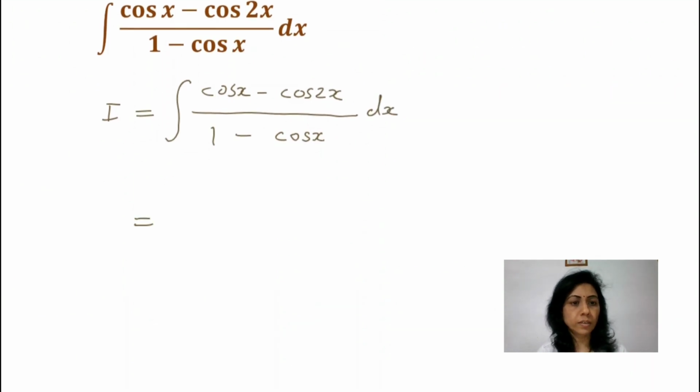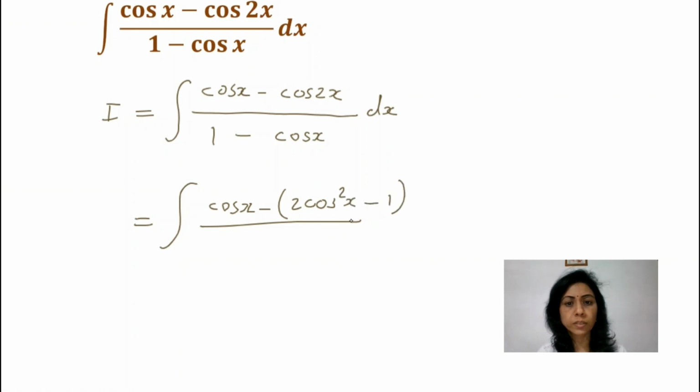We know that in trigonometry, cos 2x is 2 cos square x minus 1, and 1 minus cos x, as it is, dx.